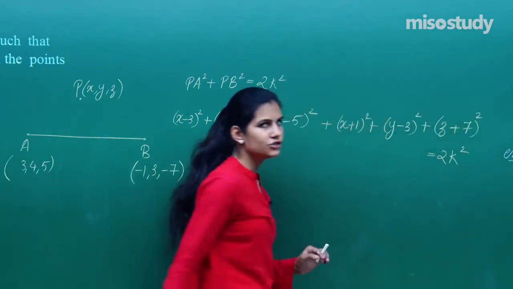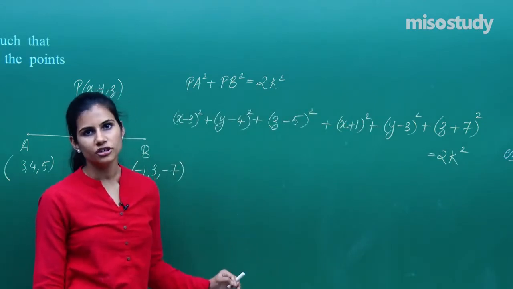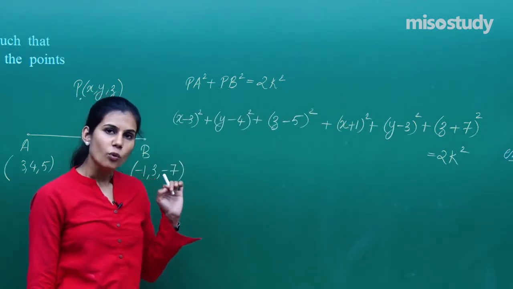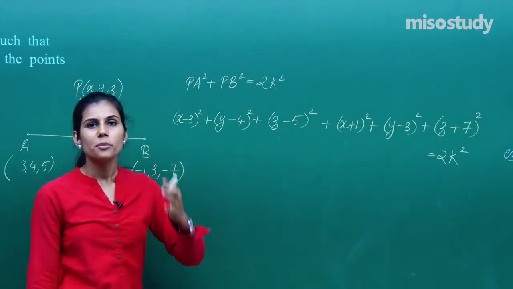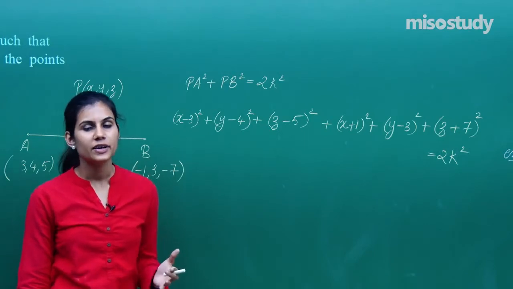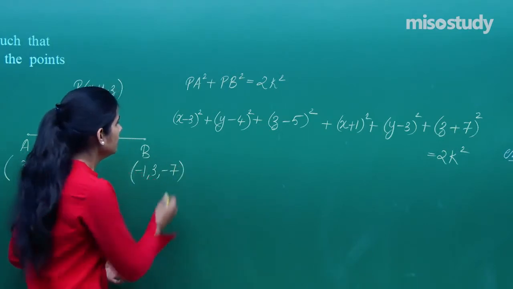Let's see what is the condition which comes out on x, y and z, which is going to give me an equation in x, y and z, and whichever x, y and z values are going to satisfy that equation, that x comma y comma z will be the point satisfying the equation PA square plus PB square is equal to 2K square. Let's open this up.